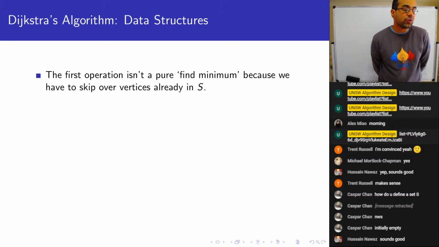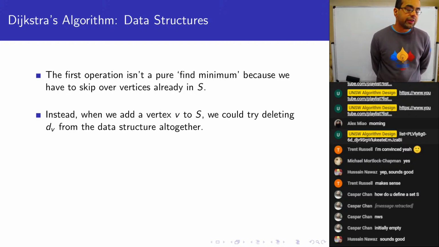So 0 is certainly going to be the minimum of these. But we can get around this. We can transform the first operation into an exact find minimum by just deleting things that we don't need to look at anymore.